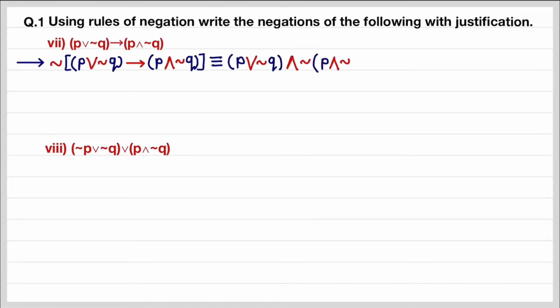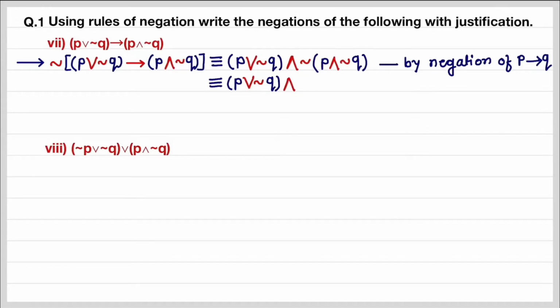So it becomes first bracket as it is P or negation of Q, and negation of second bracket P and negation of Q. Reason is by negation of implication, P implies Q.